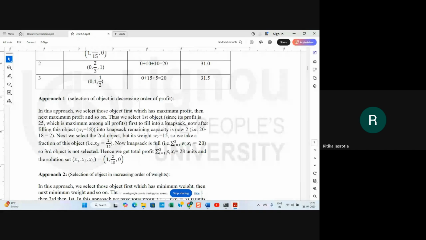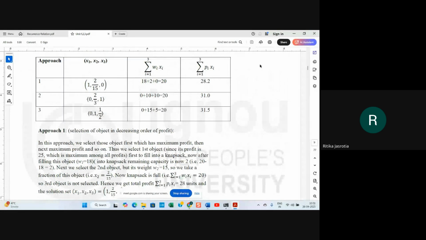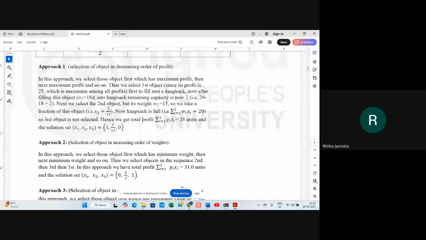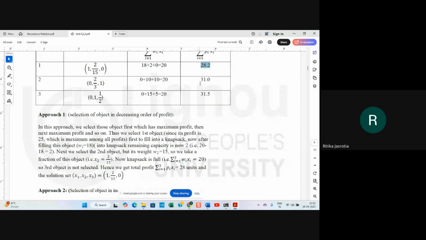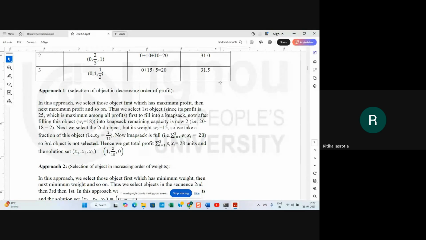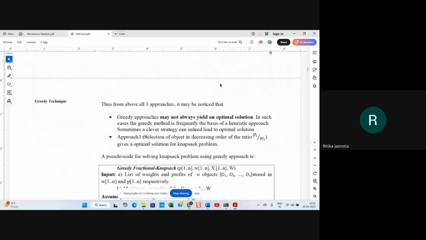The first alternative is giving us 28.2, the second is giving us 31, and the third is giving us 31.5. So from all three approaches, it may be noted that greedy approaches may not always yield an optimal solution.